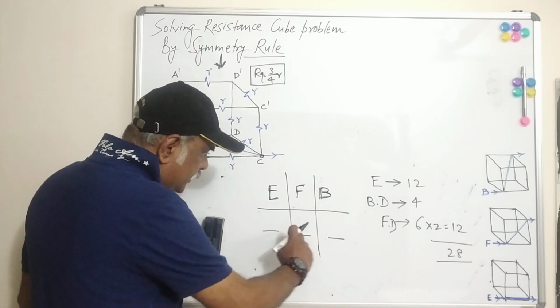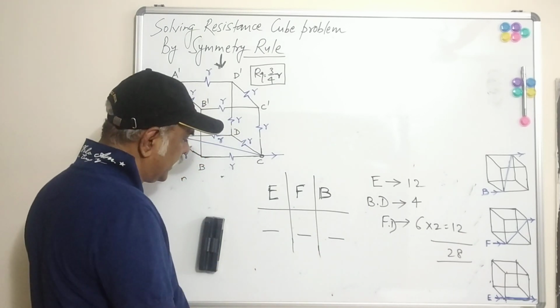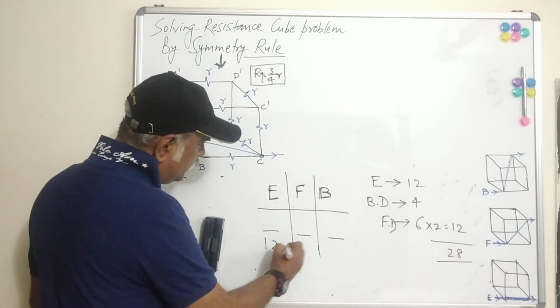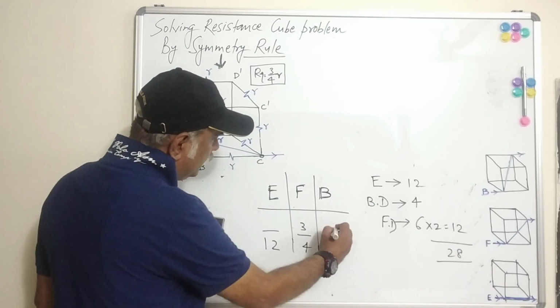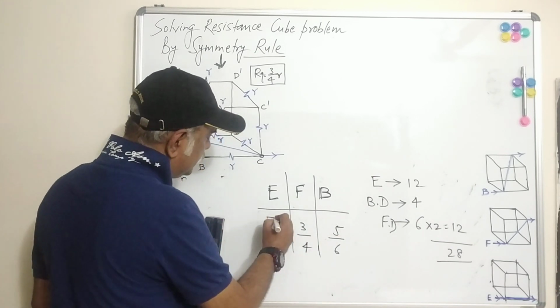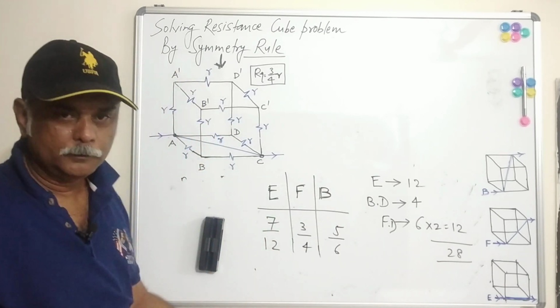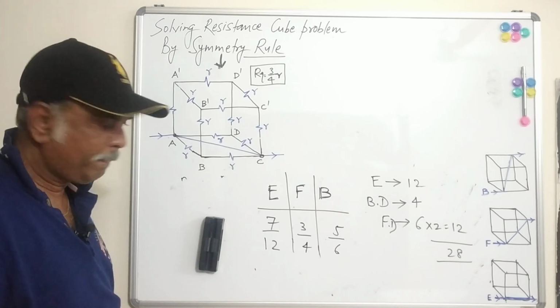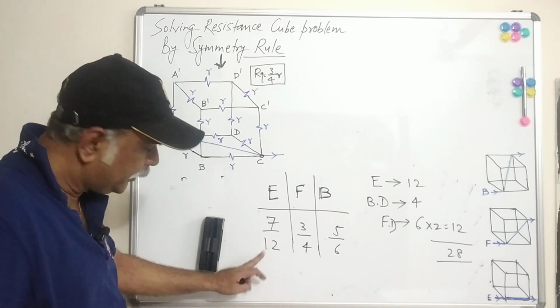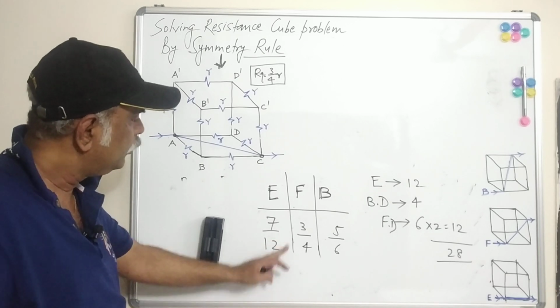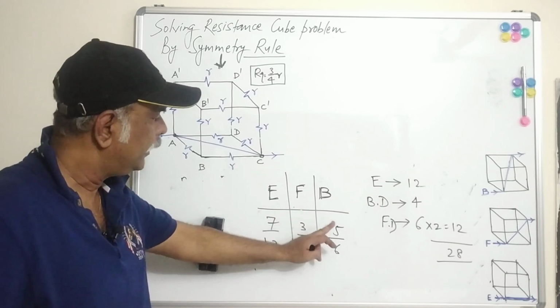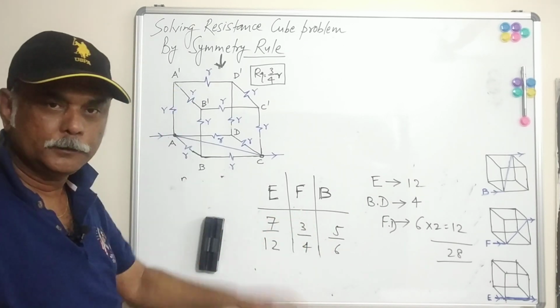Once you put this ratio mark, then you start writing. 1, 2, 3, 4, 5, 6, 7 over. You start writing from the denominator. 1, 2, 3, 4, 5, 6, 7.